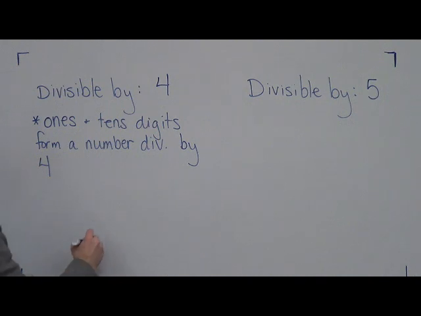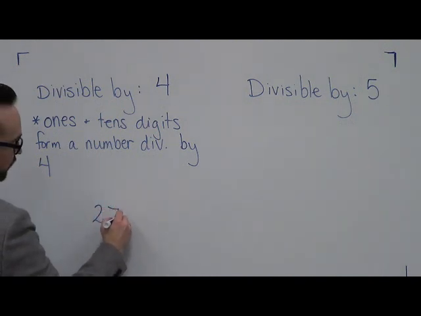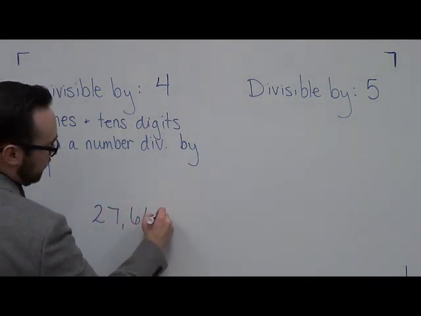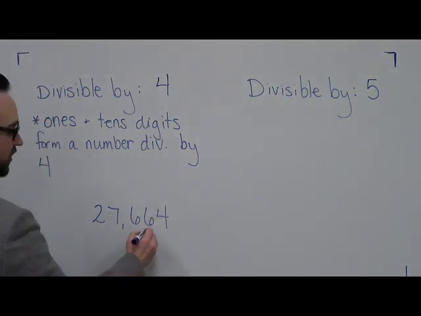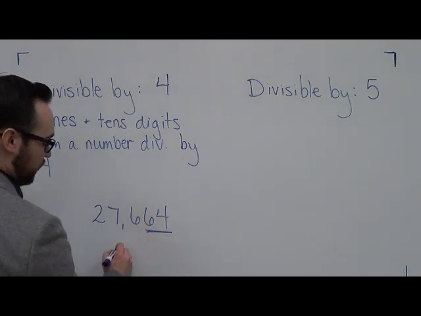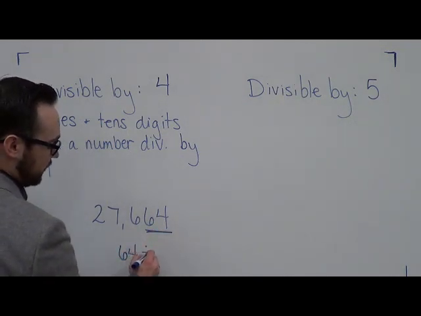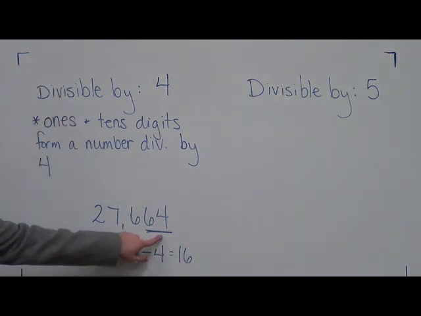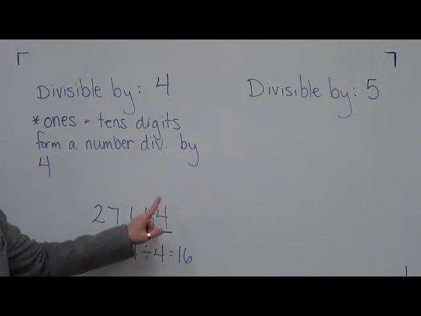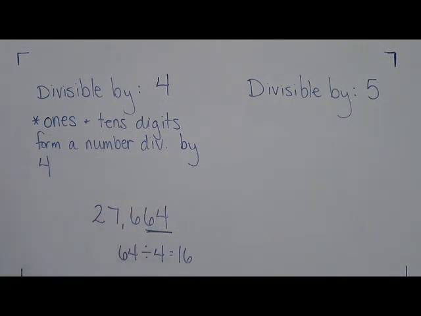So for instance, if I had 27,664, we're looking at that ones and tens digit. If we pull out that 64, it is divisible by 4 because it gives me 16. And since it's divisible by 4, that entire number is going to be divisible by 4. So it's a little different, but it's a trick and it works. And again, we'll see that again as well with a different number later on.